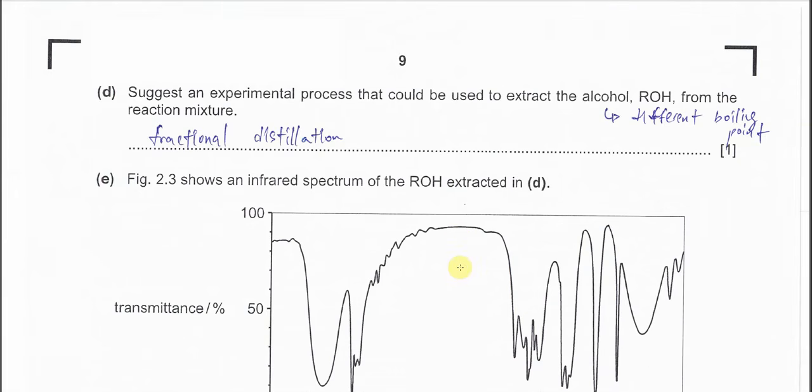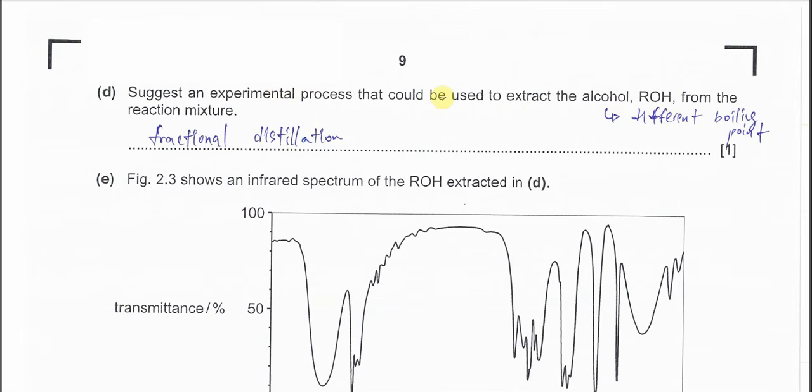Part D, suggest an experimental process that could be used to extract the alcohol from the reaction mixture. Once the alcohol is produced, we can easily separate it using fractional distillation.